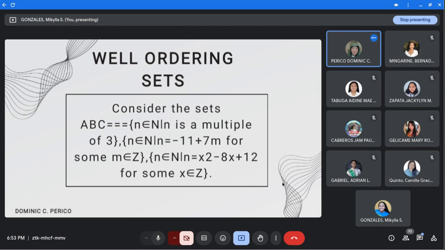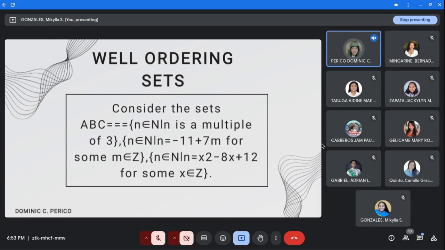To determine the smallest element in C, we need to solve the inequality x² - 8x + 12 > 0. Factorization leads to x² - 8x + 12 = (x - 2)(x - 6) > 0. So we need x < 2 or x > 6.